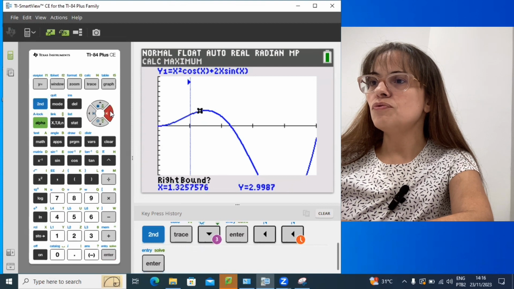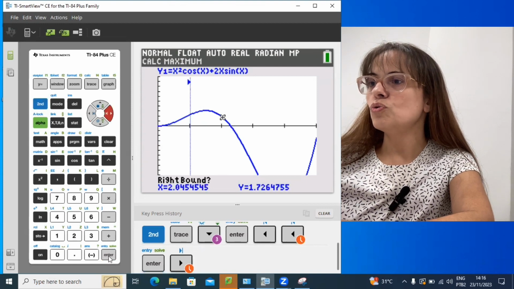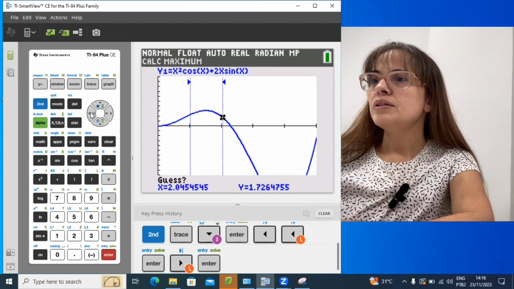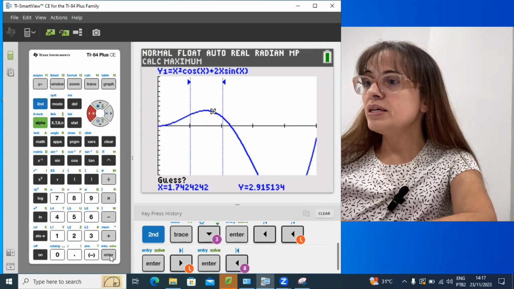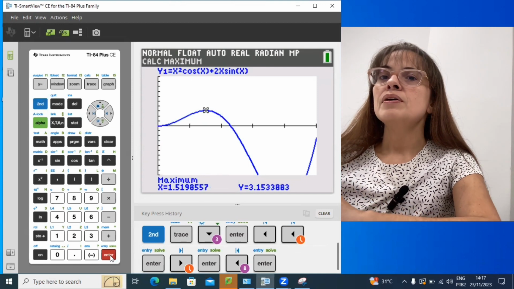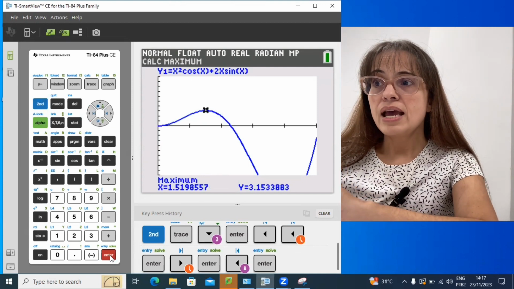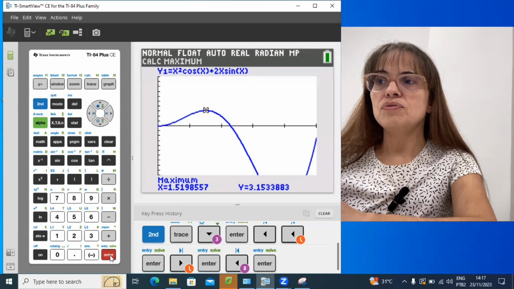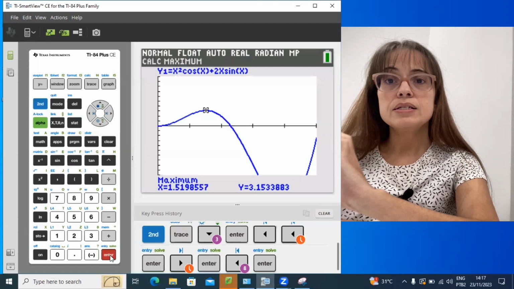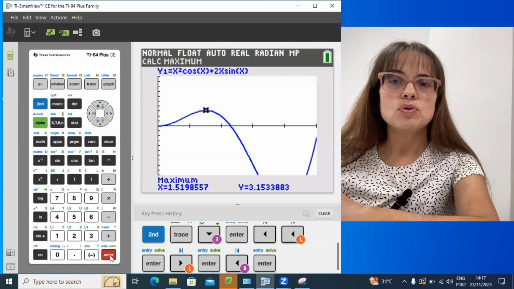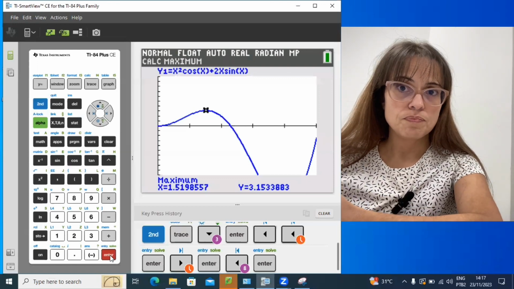Now it asks you for a right bound, you go over here and enter. Then it asks you for a guess, doesn't matter if your guess is good or bad, makes no difference whatsoever. That is the answer. X equals 1.52, I'm going to use it to 3 significant figures, is the moment when this particle first changes direction.